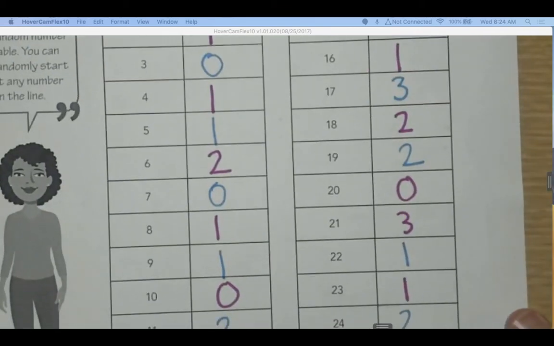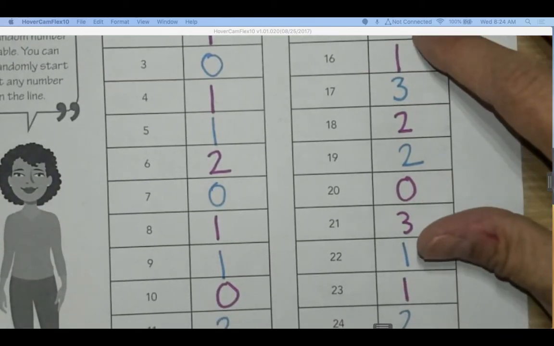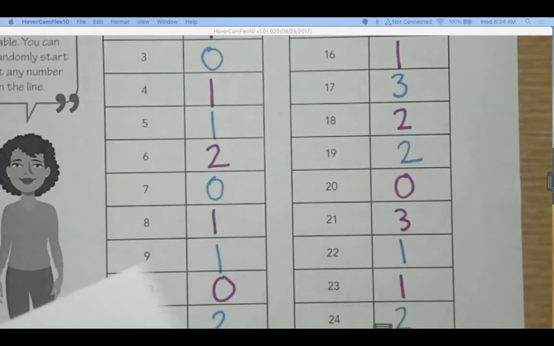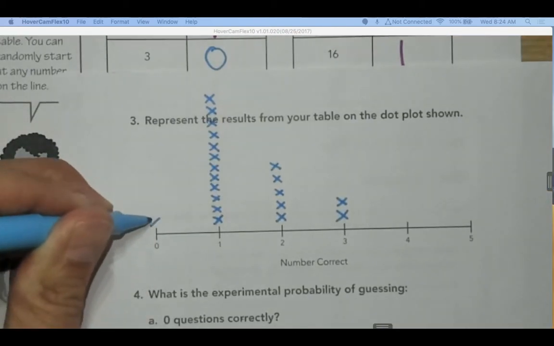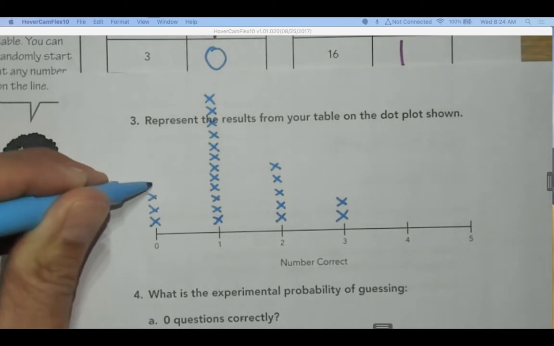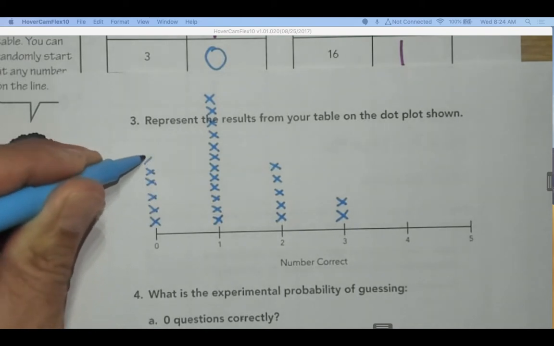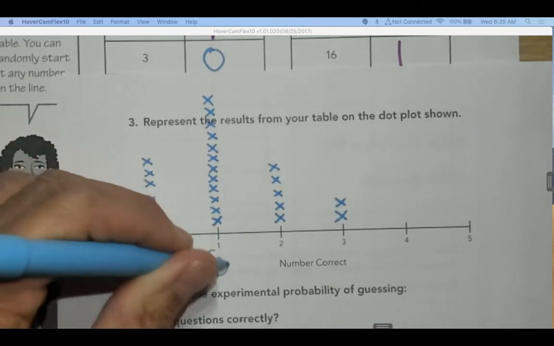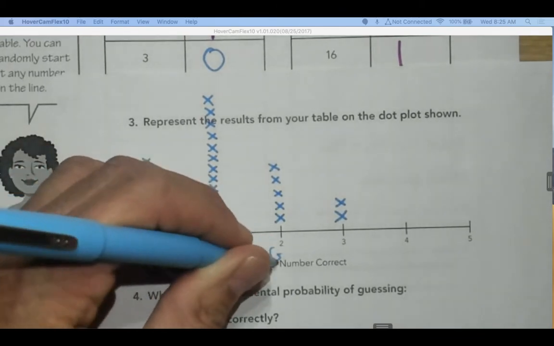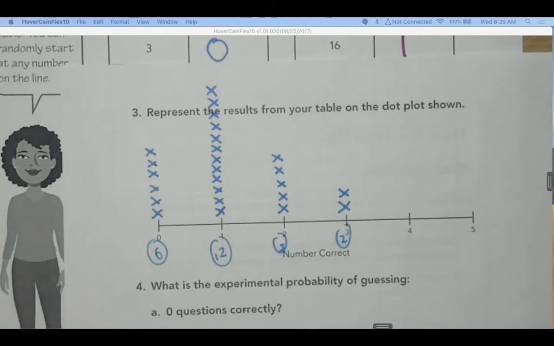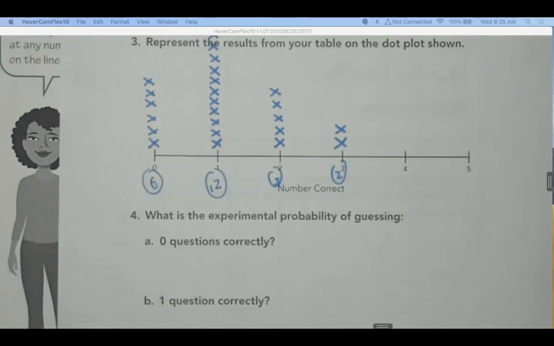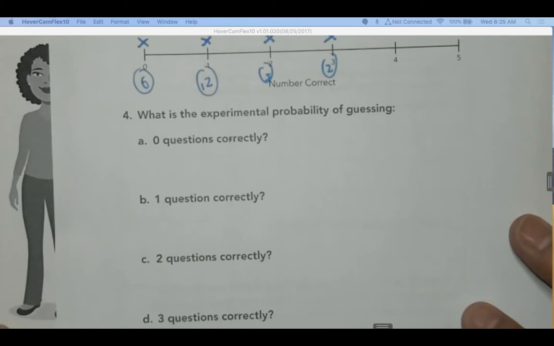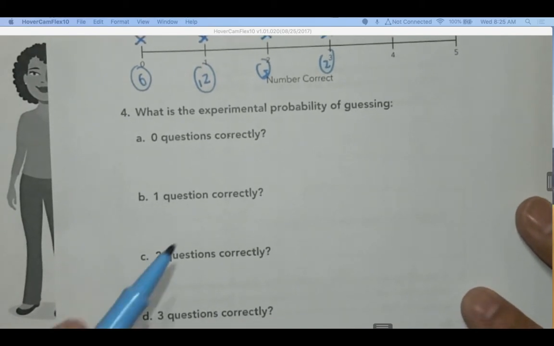And then for the zeros, I have 1, 2, 3, 4, 5, 6. I have 6. So it was 6 of those, 12 of those, 5 of those, and 2 of those. Okay? So what is the experimental probability of guessing 0 questions correctly?